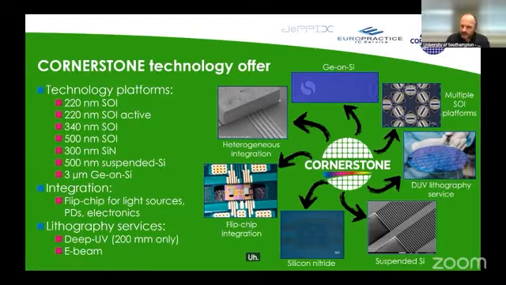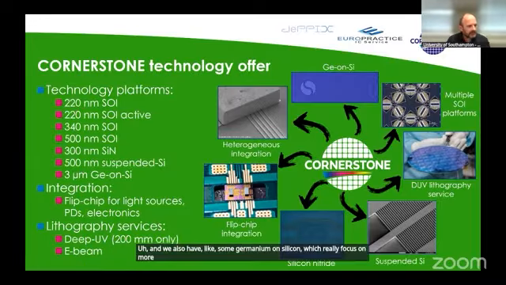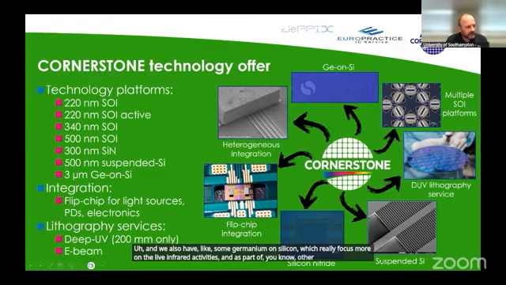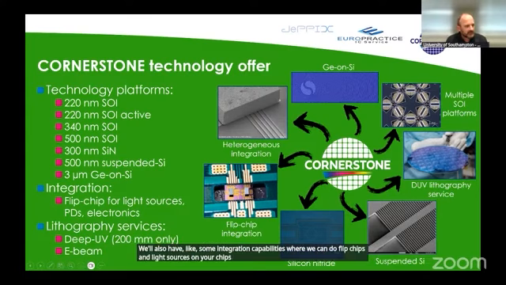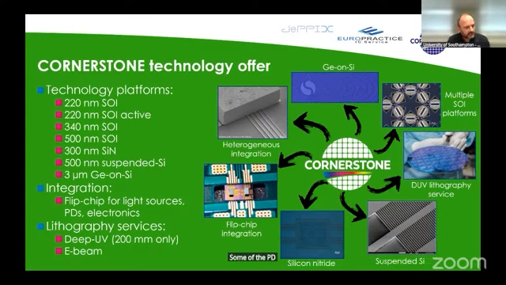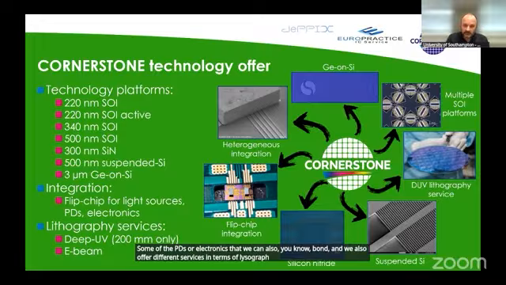And we also have some germanium on silicon, which really focuses more on the mid-infrared activities. And as part of other development, we also have some integration capabilities where we can do flip chips and light sources on your chips, some PDs or electronics that we can also bond, and we also offer different services in terms of lithography and e-beam, depending on your requirements, if you have some dedicated needs.